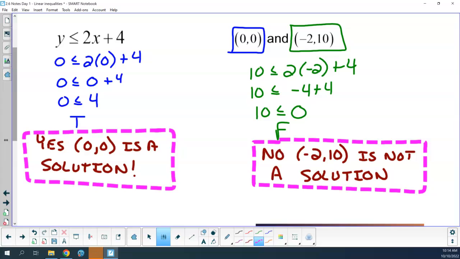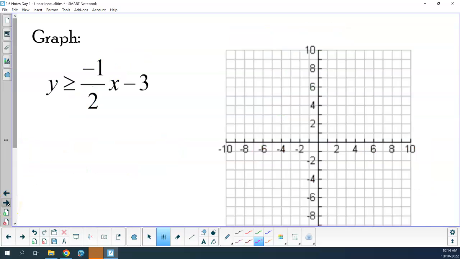Okay. All right, let's dive into it. So this is the one that I want to grab. y is greater than or equal to negative 1/2 x minus 3. So again, I am thinking about this like y equals negative 1/2 x minus 3. If I'm thinking about it in that way, what is my y-intercept?